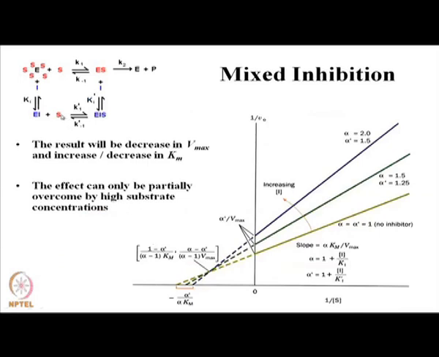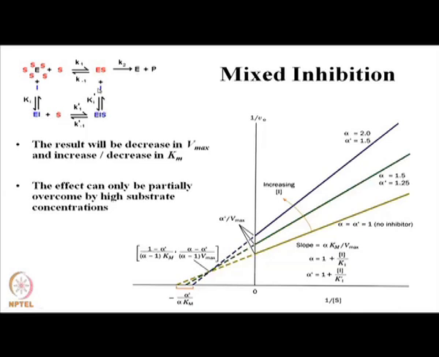Now, you see here there is one channel through which you can get your product. Okay. So, if you increase your substrate concentration to a huge value, then the possibility of this channel is a little increased, although these other steps are there.